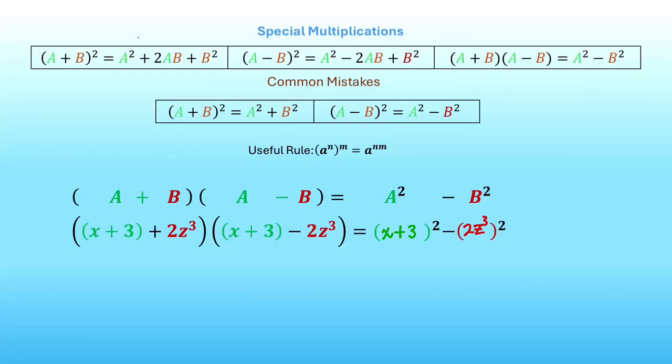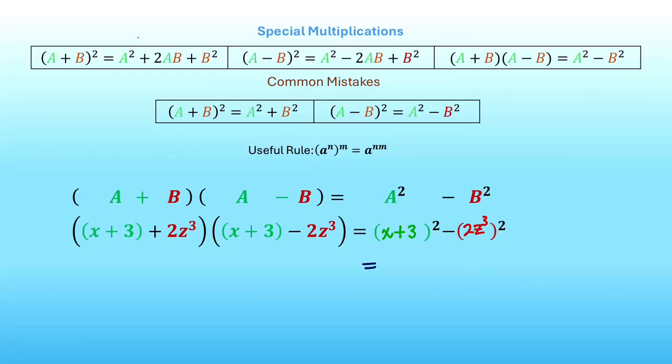And then we can do the expansion on the square of x plus 3. Once again, if you look at that, we have the square of a sum. We apply the first formula.